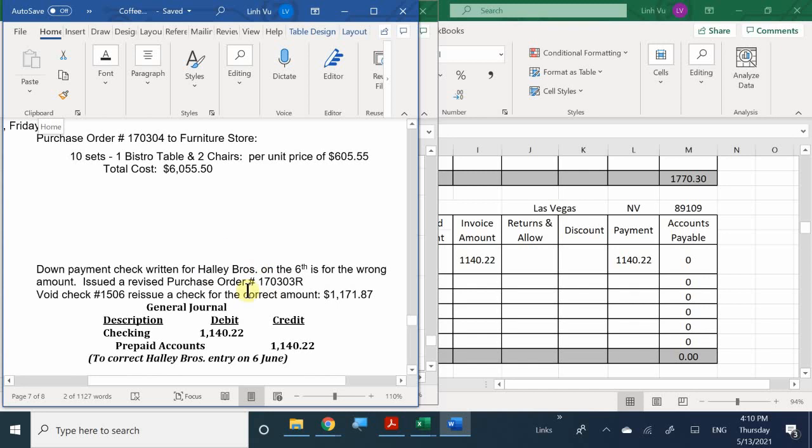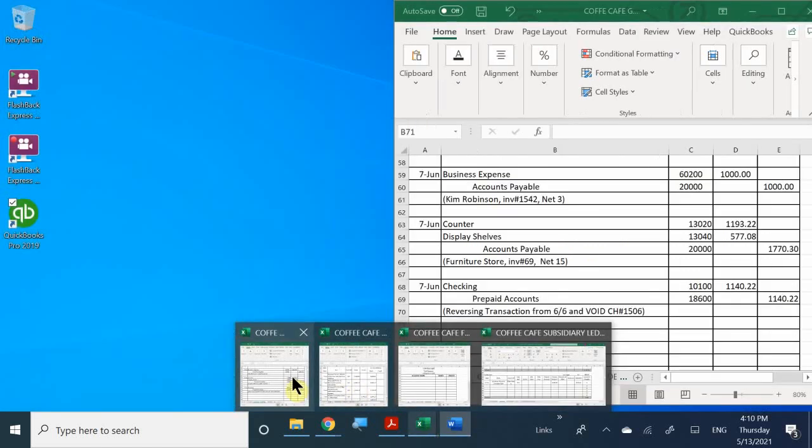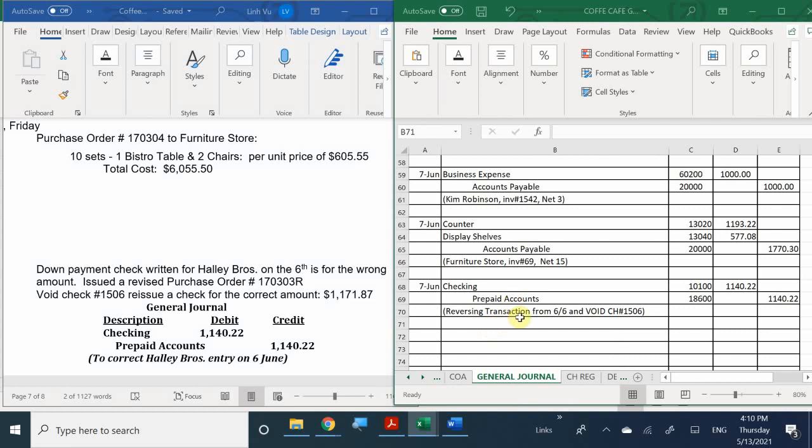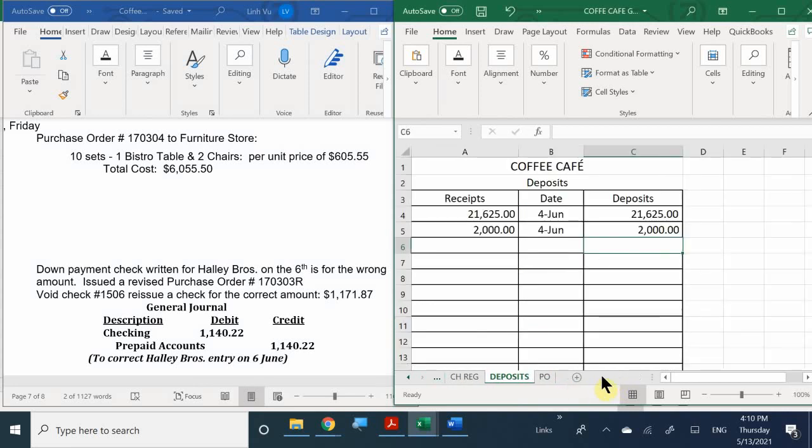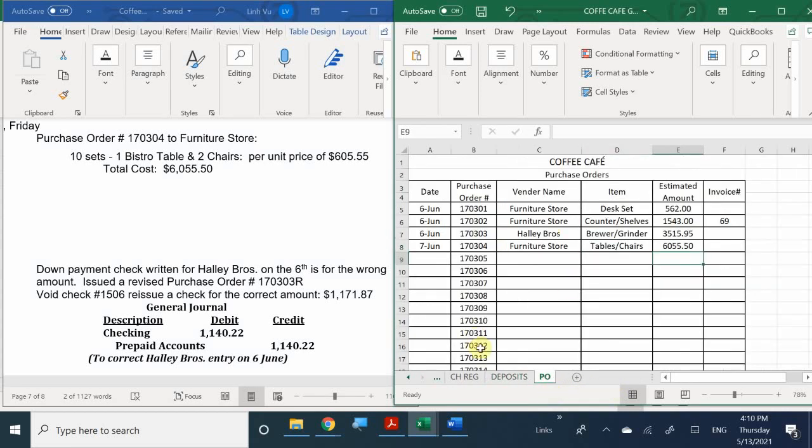Of course, we don't have the purchase order per se. What you're going to do is revise it, and how you do that is you just indicate that it is subject to revision. So under my PO, you're just going to tack in the letter R for revision or revised.